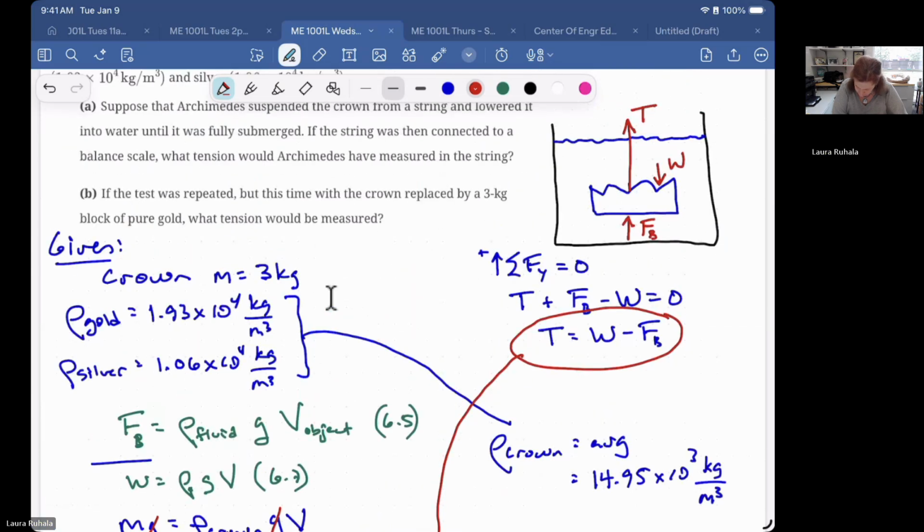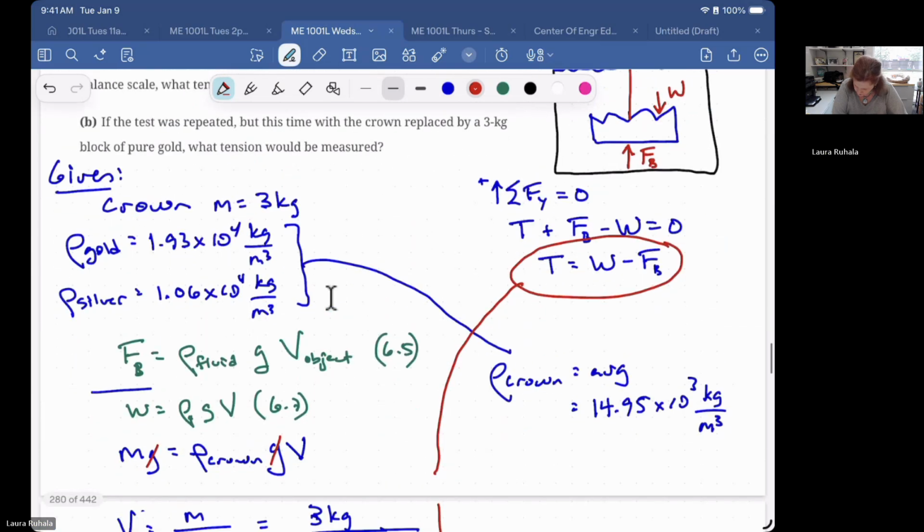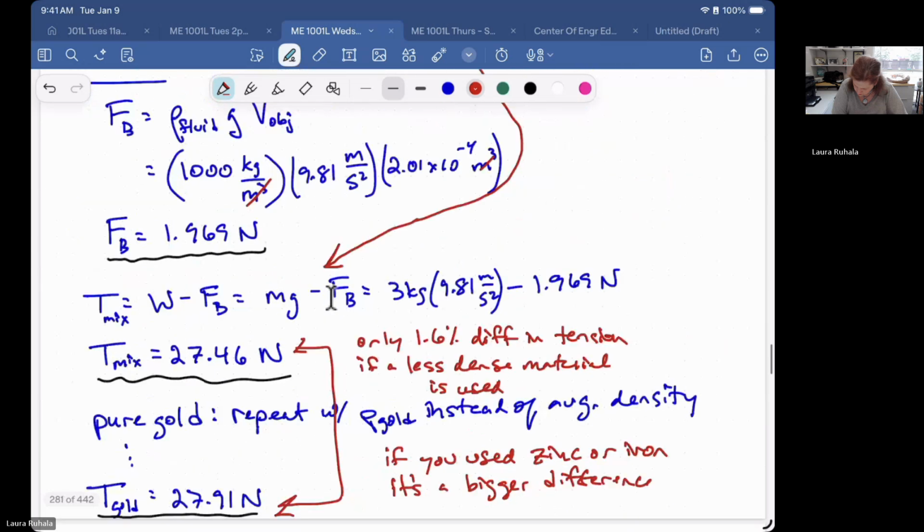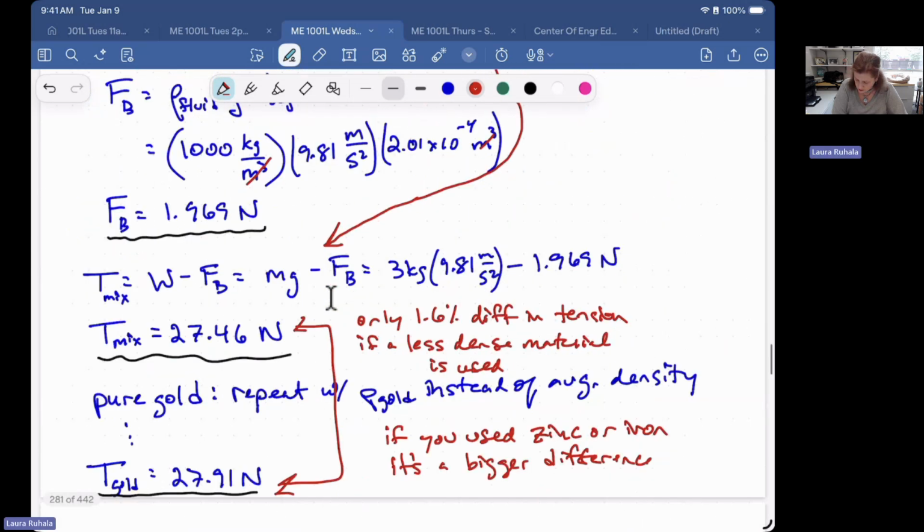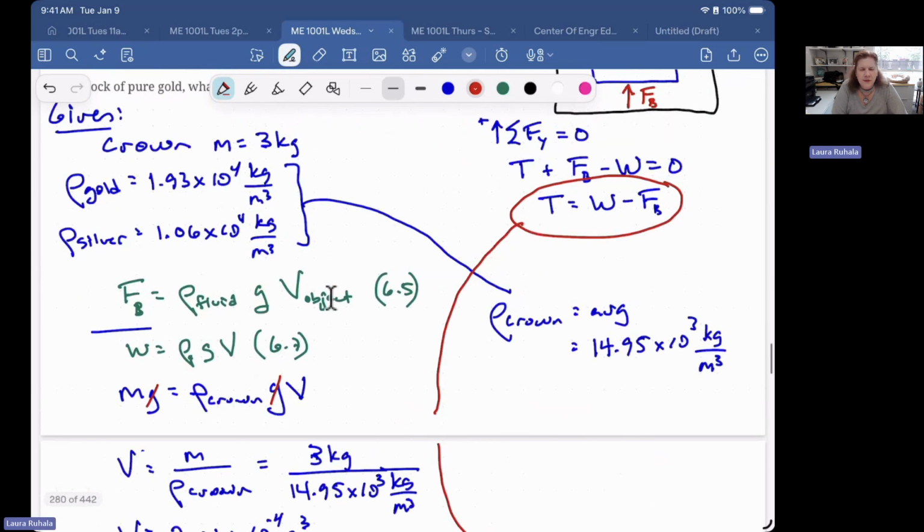But it's a small difference, and it would be difficult to measure. I keep thinking about Archimedes and whether he was able to measure all this. Maybe he was; we need to give him his props for doing this. But if it was a much lesser material, then there's a bigger difference. It would be more noticeable.